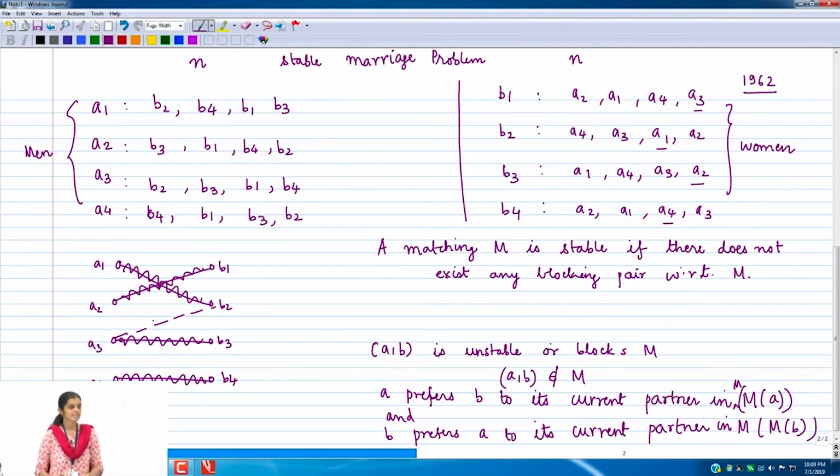So this matching doesn't pass its test for being a stable matching because we have identified one blocking pair. Even if the rest of them are not blocking pairs, this is not a stable matching, right? It's a good attempt, but it unfortunately is not a stable matching. Anybody else? Maybe somebody who has not answered.